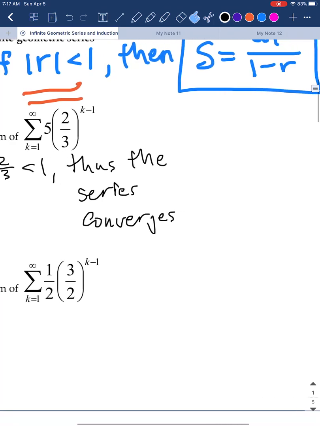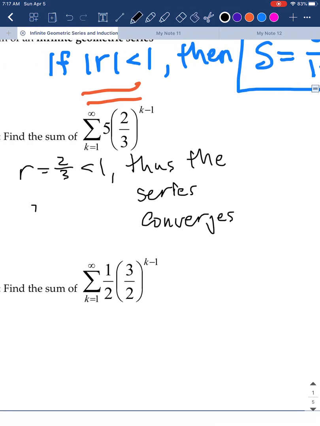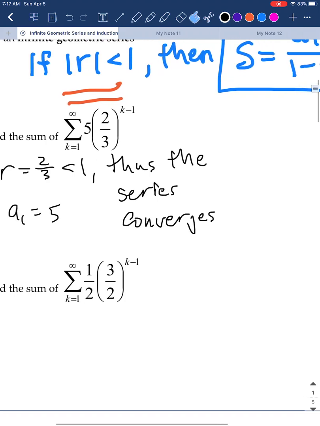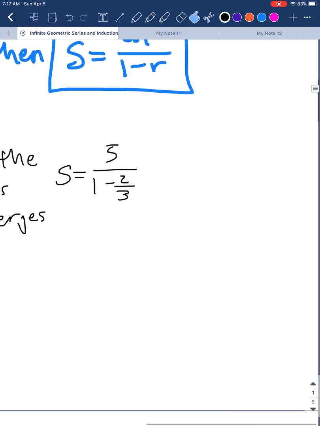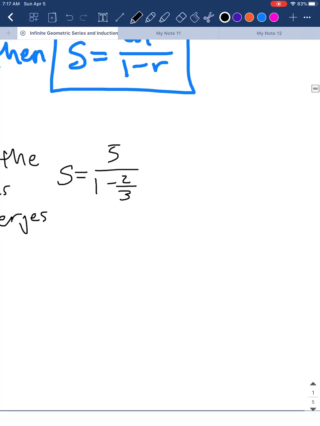And we should also note a sub 1 is equal to 5. So then our sum is equal to 5 over 1 minus 2/3. And now we just need to do a little bit of algebra.